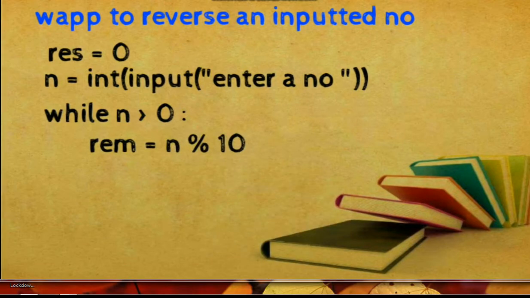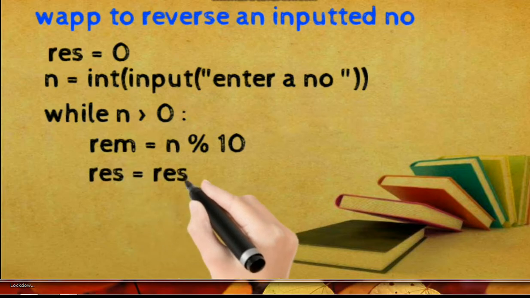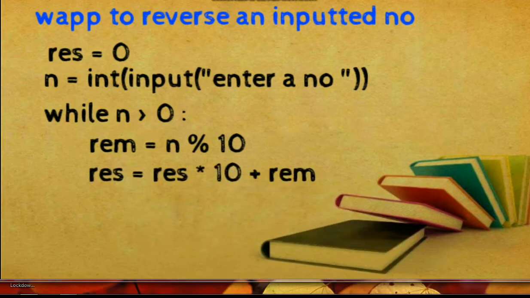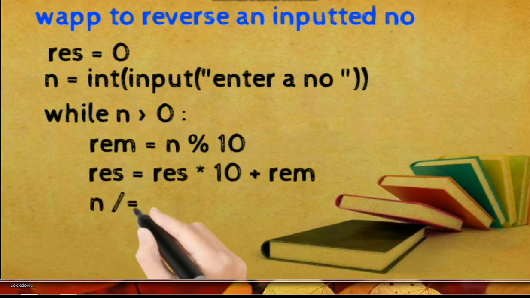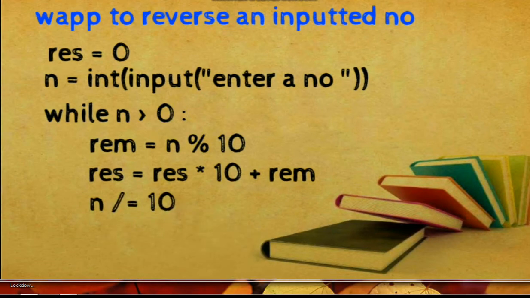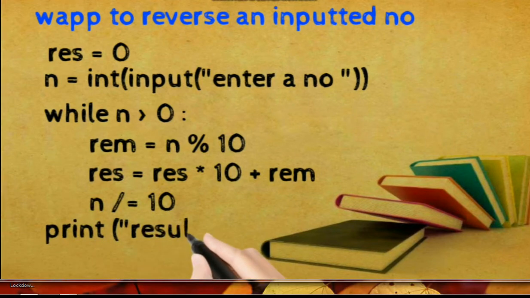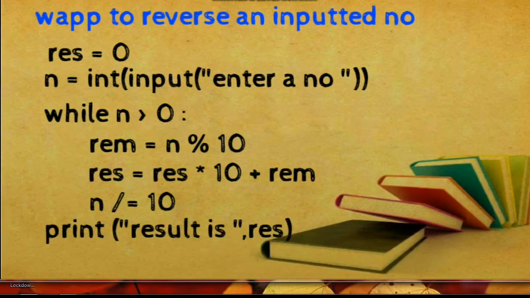So in this case the remainder will get stored in the variable rem. Then the result value will get multiplied by 10, plus the remainder. Then n slash equal to 10 to continue the loop by dividing n by 10. Then the value of the result, that is res, is printed at last.